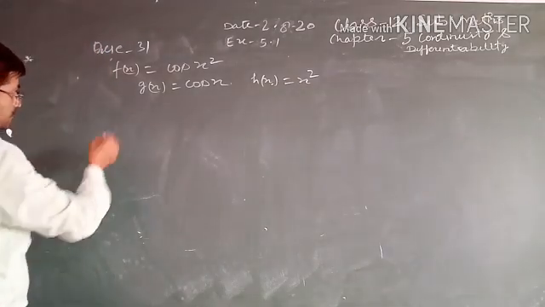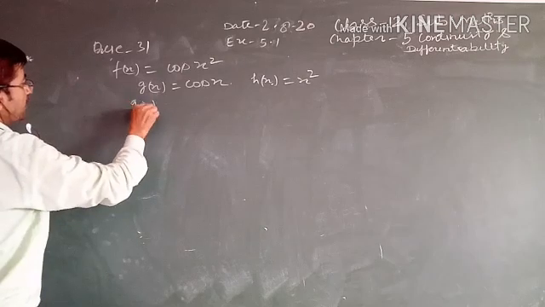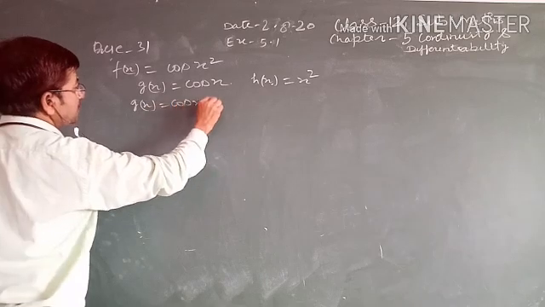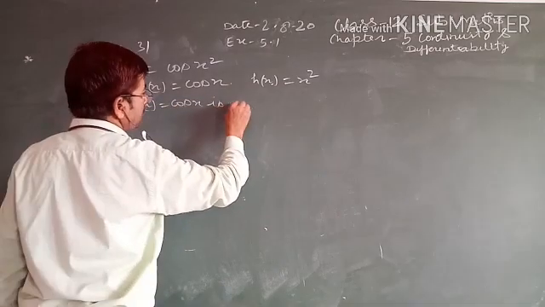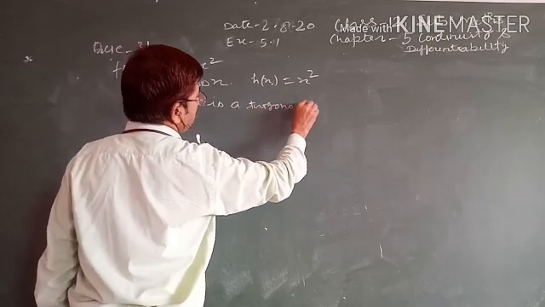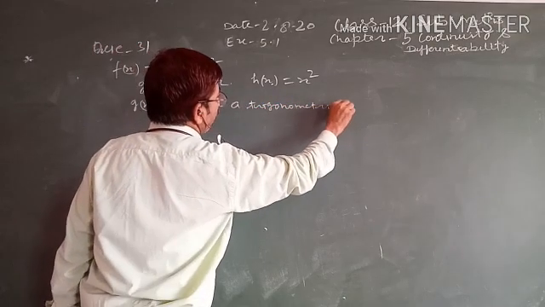Now g(x) equal to cos x is a trigonometric function.